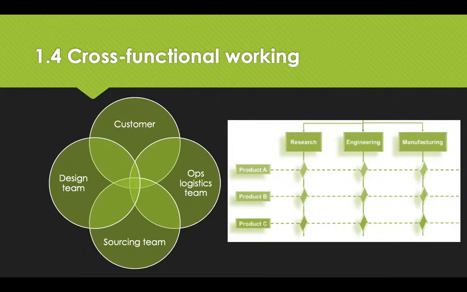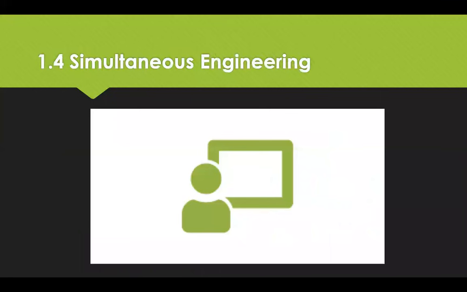And that can help us to do things like simultaneous engineering. This is a form of early supplier involvement where multiple elements of a product or service are created together rather than the more common approach of a buyer deciding what they want and issuing the specification to the supplier. So this is where the company and supplier work together during the design stage. It ensures that quality is built in rather than being created as an afterthought.